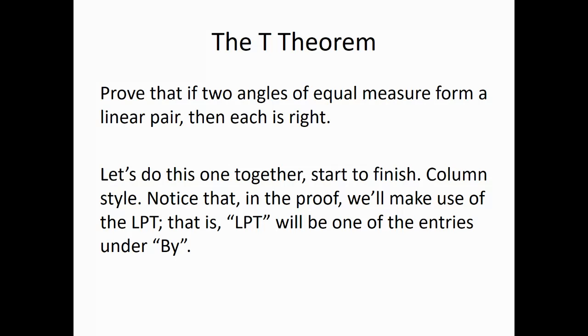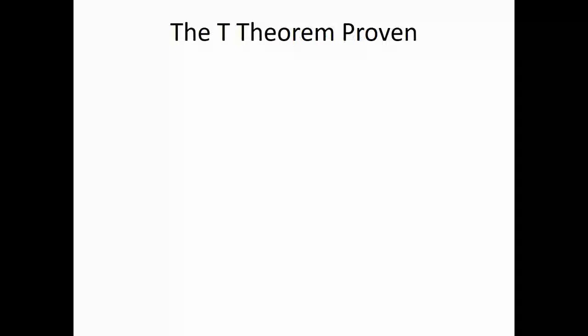If we need to know that a linear pair is supplementary in a later proof, we don't have to go back and reprove it again. Instead, we can simply make reference to the linear pairs theorem and then use that conclusion that it gives us. That is, if we have a linear pair, we know that it is supplementary. So LPT is a reason that can appear under the by column, and you will see that happen in just a moment.